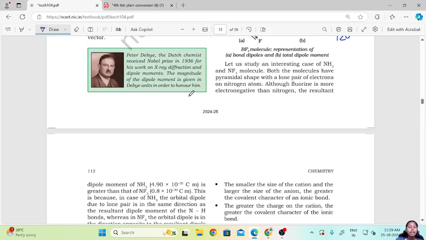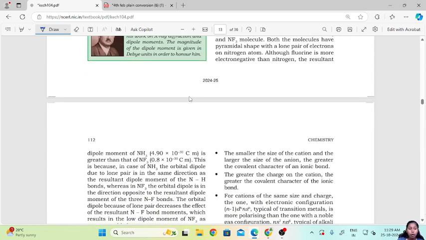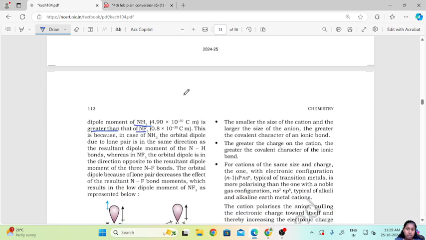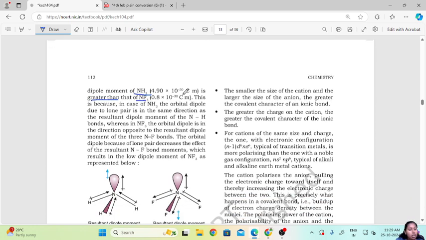Why is the resultant dipole moment of ammonia, that is NH3, greater than that of NF3? You have to explain this. There are many papers in which this question has come. Both have similar structure, each having a single lone pair.